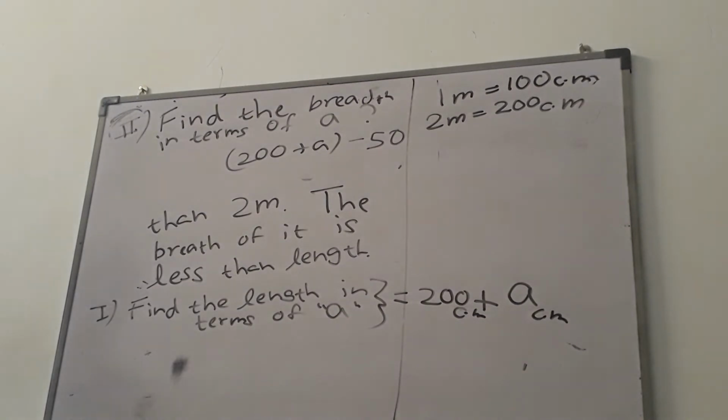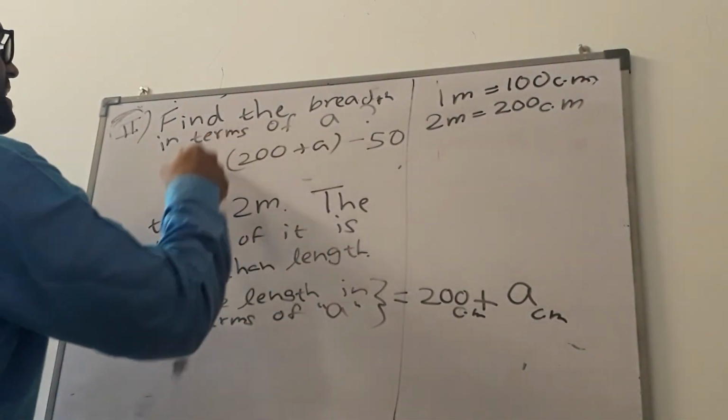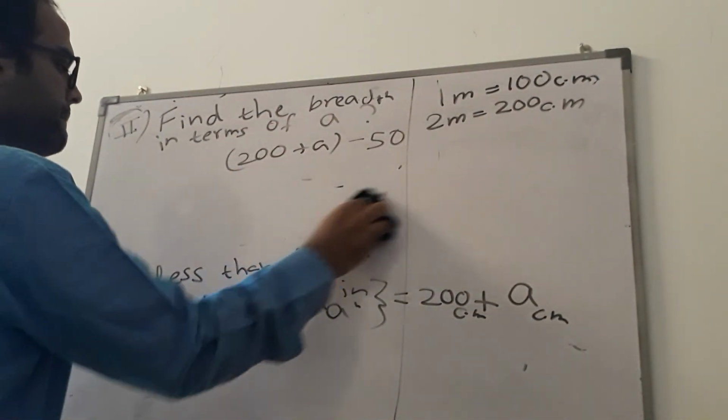The length is 200 centimeters plus A. The breadth is 50 centimeters less than the length.